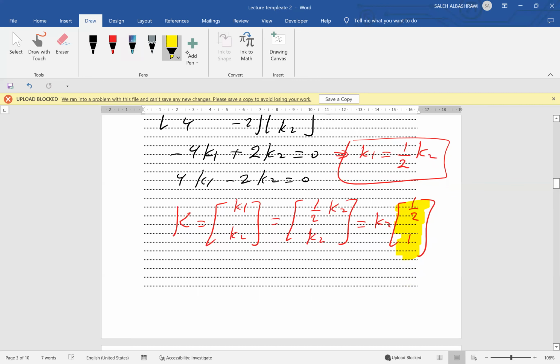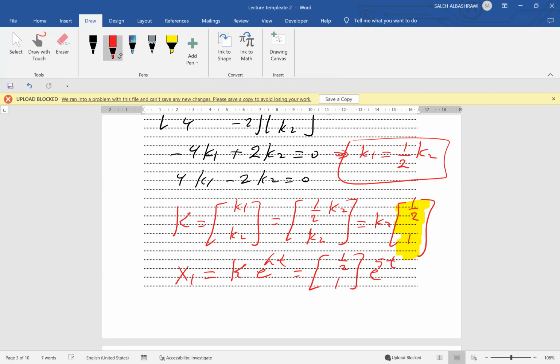So we can say that the first solution, which is x1, equal to K multiplied by e to power lambda t, which is equal to 1/2, 1 multiplied by e to power 5t. So this is the first solution.